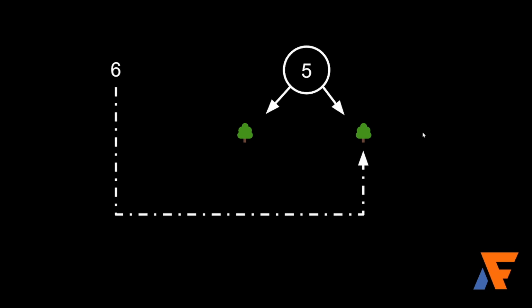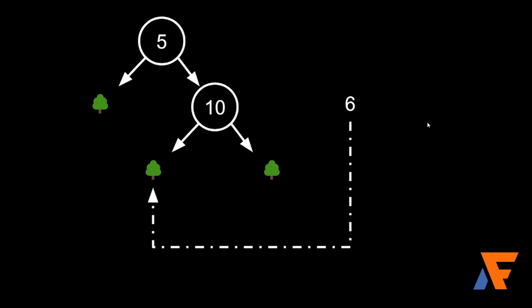We may want to add another element now to this tree, even though we know it's not empty. So to start off, we're going to have to examine that root node. And here we can see that our new element is greater than the root, so we're going to have to insert it on the right. But this puts us back in the same situation. Here we are trying to add a new item to a tree.